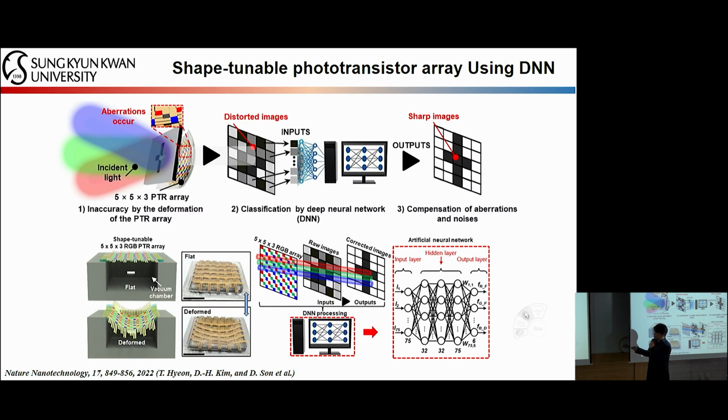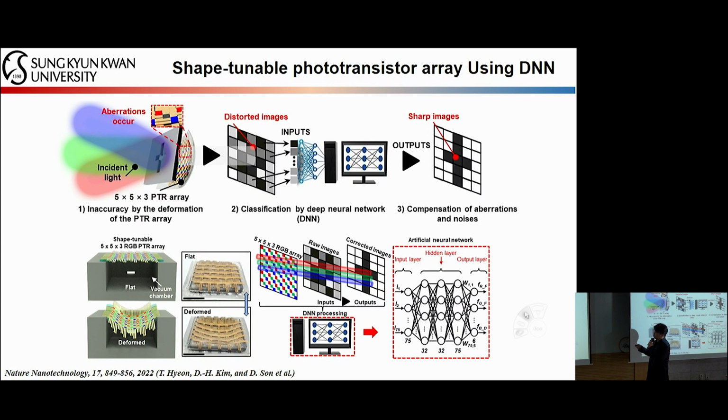This is our phototransistor that is shape-tunable like this, and we put some cross-pattern stencil mask, and the gap can cause some optical errors.